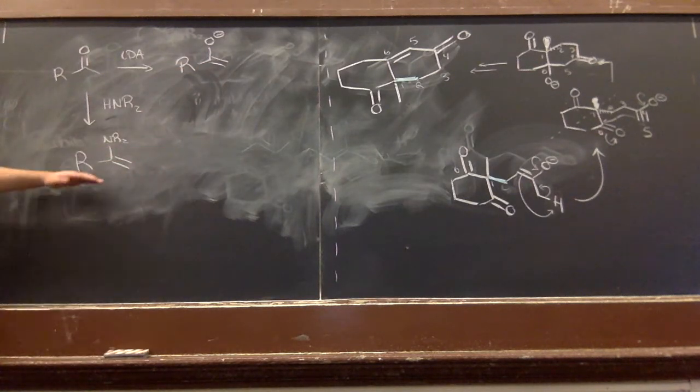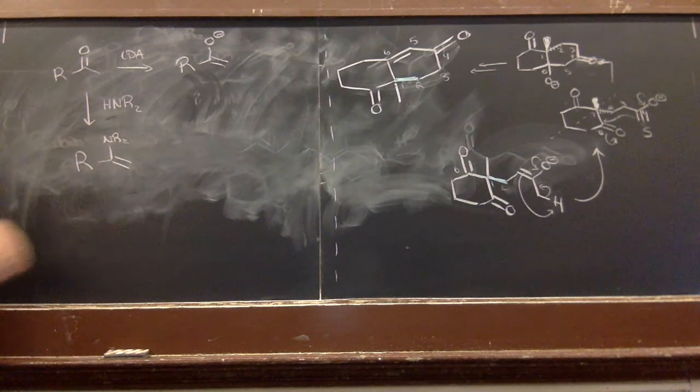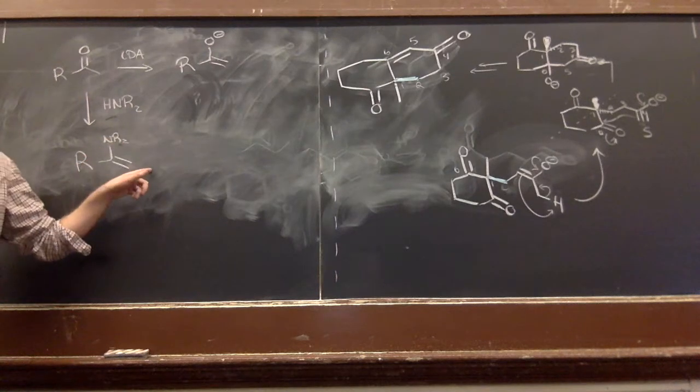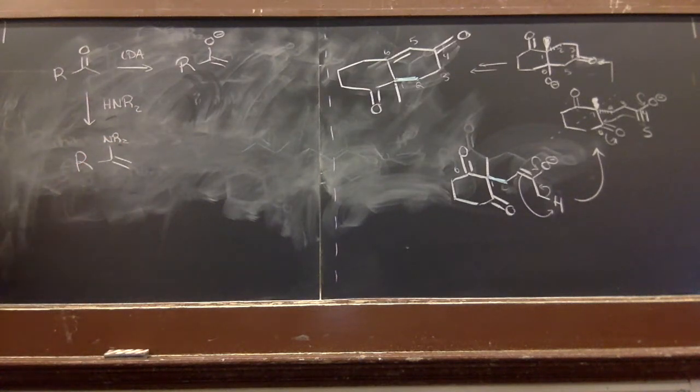The first is that by making the enamine, we've effectively locked it into that enol form. You're not going to have some tautomeric version of this. The R group on that nitrogen isn't suddenly going to jump over here. So we've locked it into what is kind of like an enol.